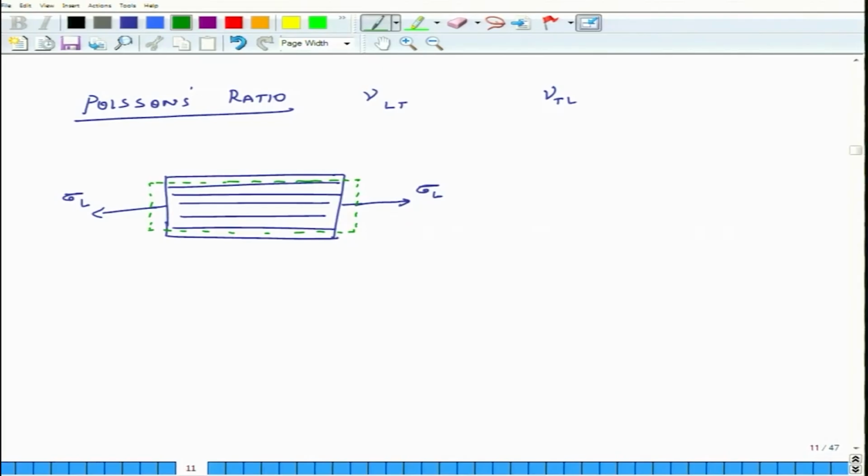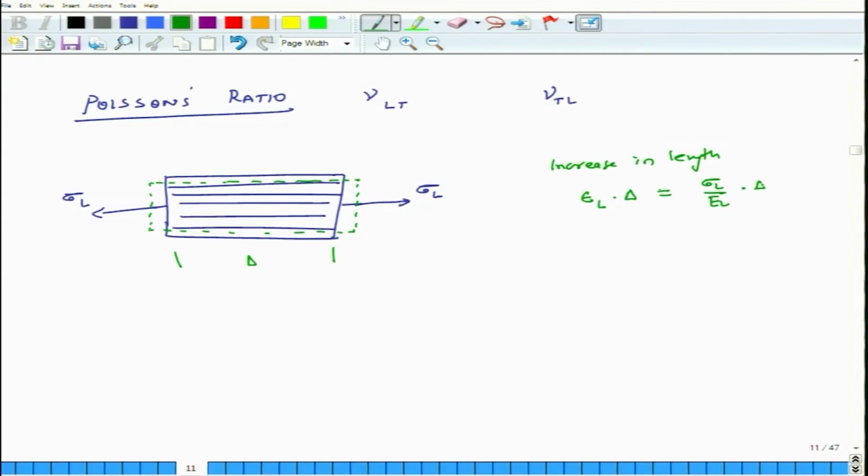The increase in length I can compute. Suppose the total length is delta, the increase in length is epsilon L times delta, where epsilon L is nothing but sigma L over EL.